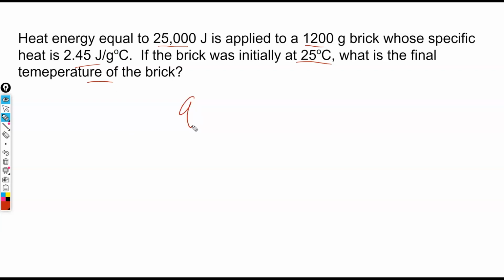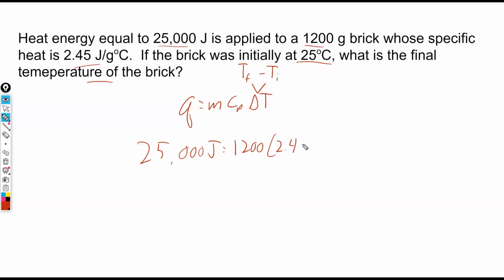So again, let's go back to Q equals m c delta T. And like we said, this delta T is T final minus T initial. So now we have to break this down even more to solve for it. We have the same energy still being applied, 25,000 joules. The mass is the same.